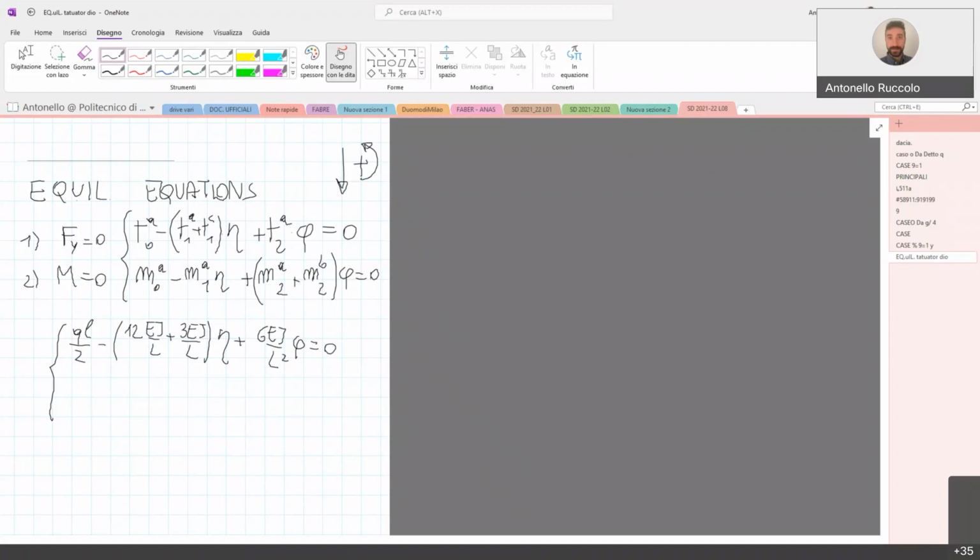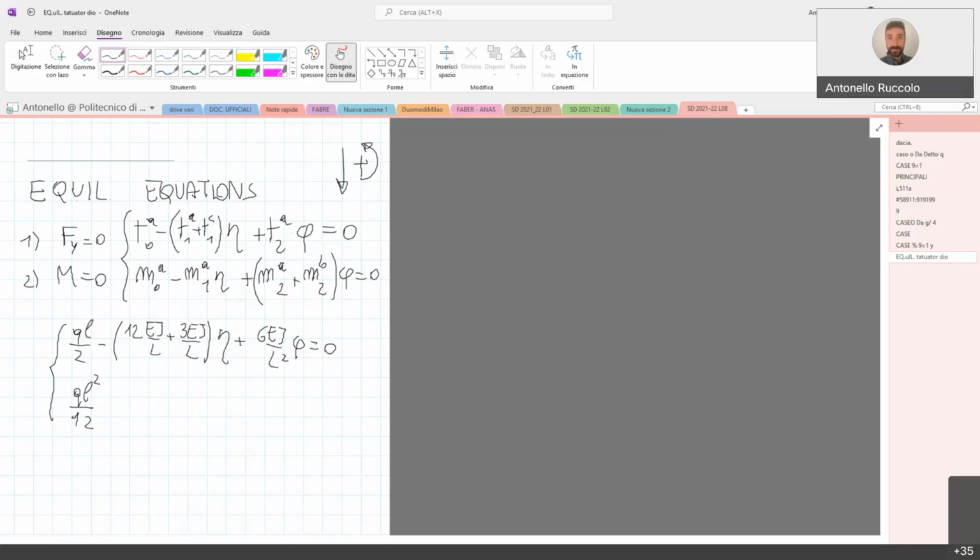Then, second equation, we have M0A, which is 2 L to the power of 2, over 12. Okay.